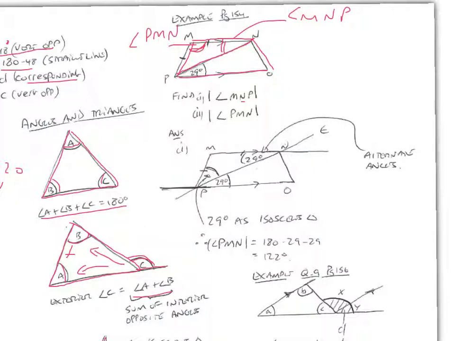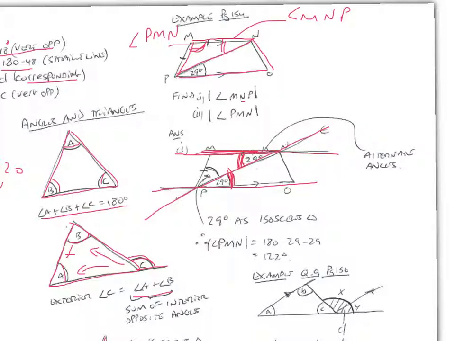So first of all, let's look for MNP. Well, MNP is fairly straightforward in that it's equal to 29 degrees, because if you think about it, you have two parallel lines, you have a transversal, and you have alternate angles here. You know this is 29, that must be 29 as well.